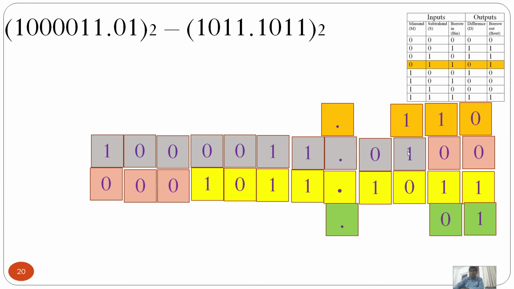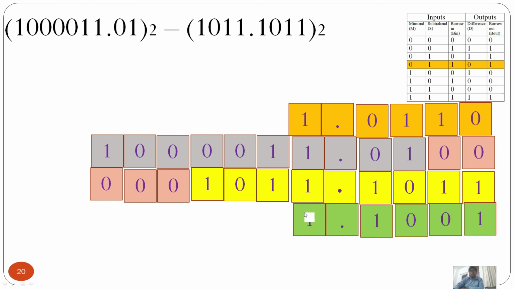1 minus 0 is 1, and 1 minus 1 is 0 with borrow 0. 0 minus 1, obviously 1 with borrow 1. Now 1 1 minus 1, 0. 0 minus 1 is 1 along with the borrow 1.